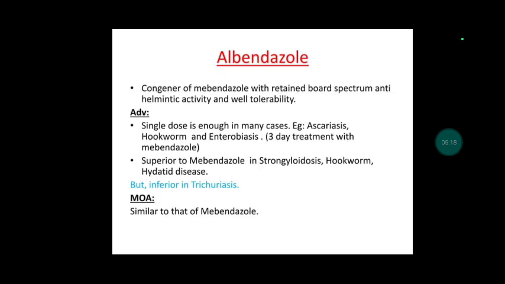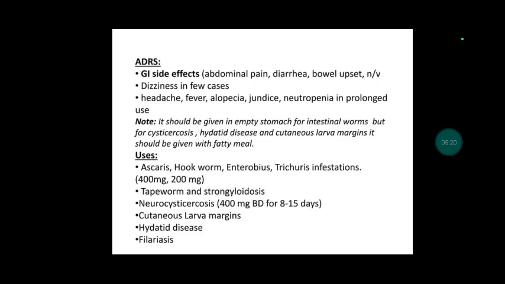Now, what are the adverse drug reactions of albendazole? GI side effects like abdominal pain, diarrhea, bowel upset, dizziness in a few cases, headache, fever, jaundice, and neutropenia with prolonged use.